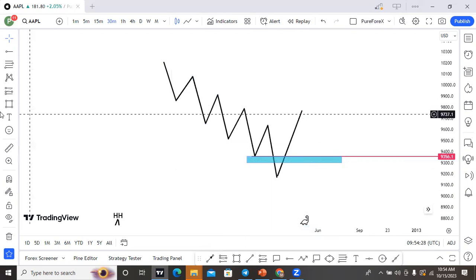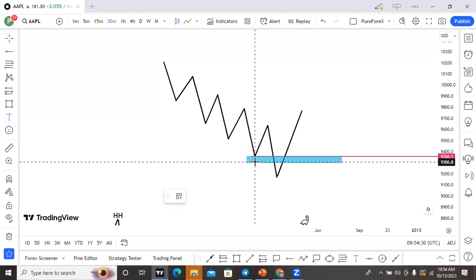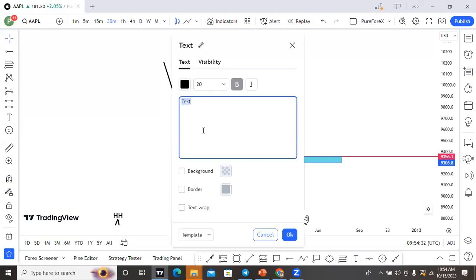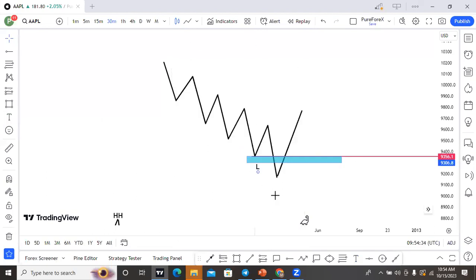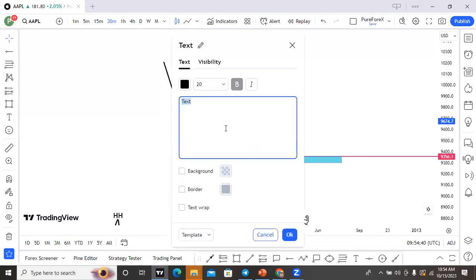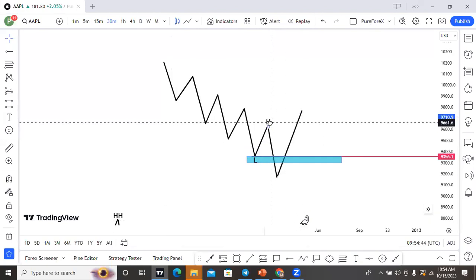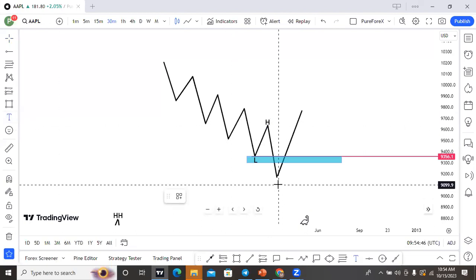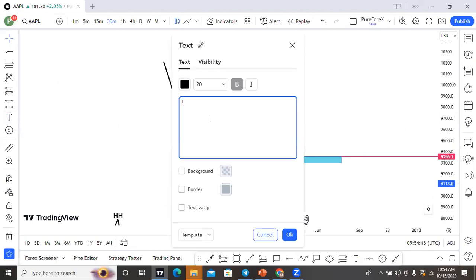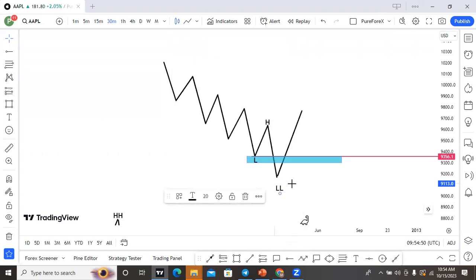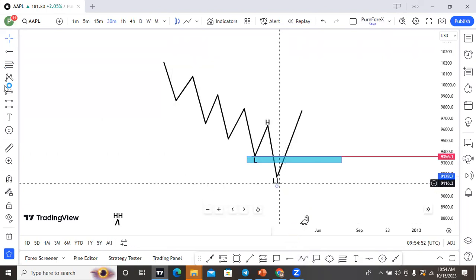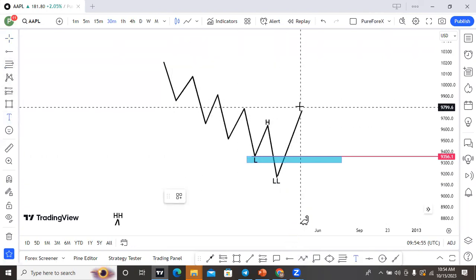This becomes the low here. This becomes the high. Here becomes the lower low. And the higher high.